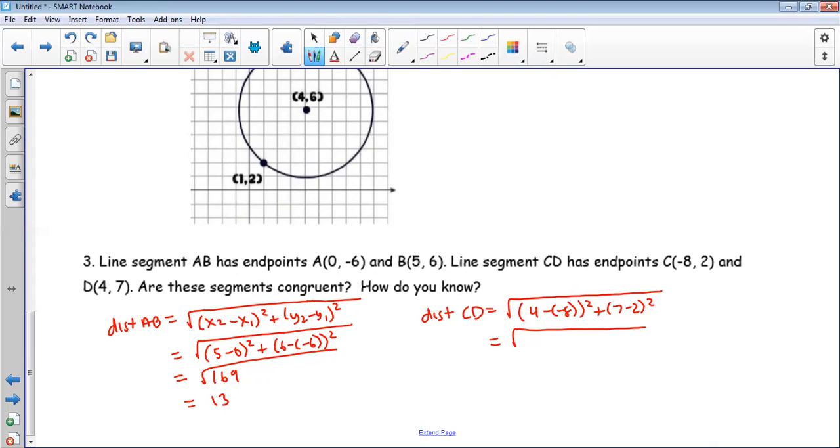The square root of 169 is 13. AB is congruent to CD because they have the same distance.